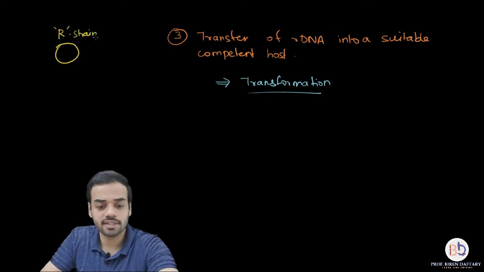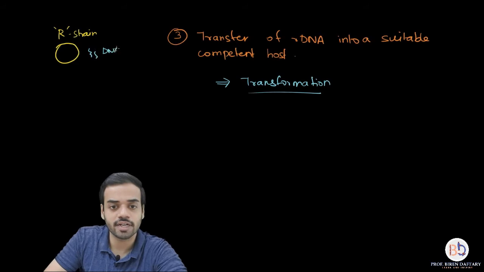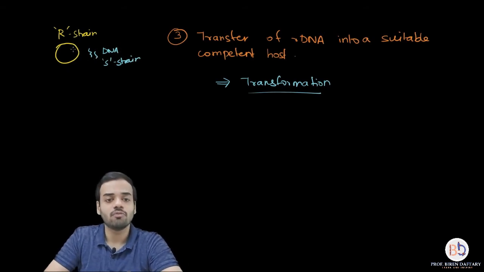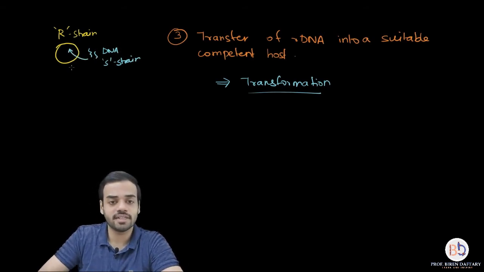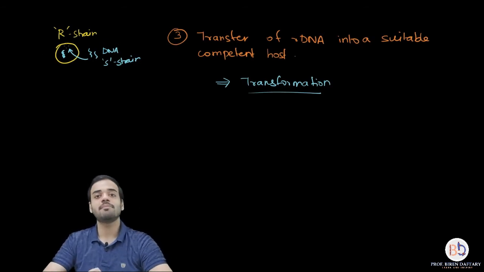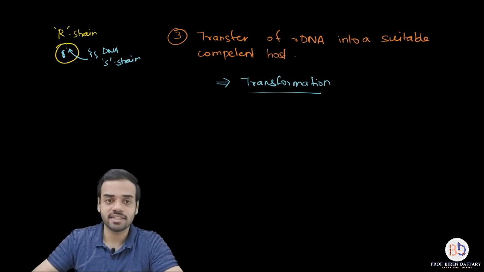And this R strain, suppose it was surrounded by DNA of S strain. So I will write down DNA of S strain bacteria. Then what happened was, this DNA of S strain was taken by the R strain, and when the DNA of S strain went inside, the R strain got converted into S strain bacteria. So basically bacteria have this capability of absorbing a foreign DNA inside their body.